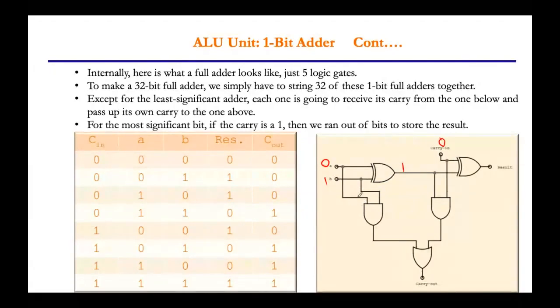And when this 0 and 1 are supplied to your AND gate, 0 multiplied with 1, the result is 0. Now the Cin is 0 and your 1 is given as an input to your exclusive OR gate, then it gives the result 1.